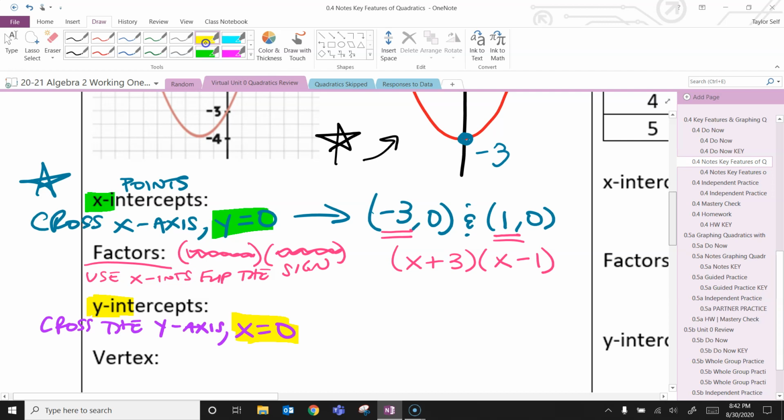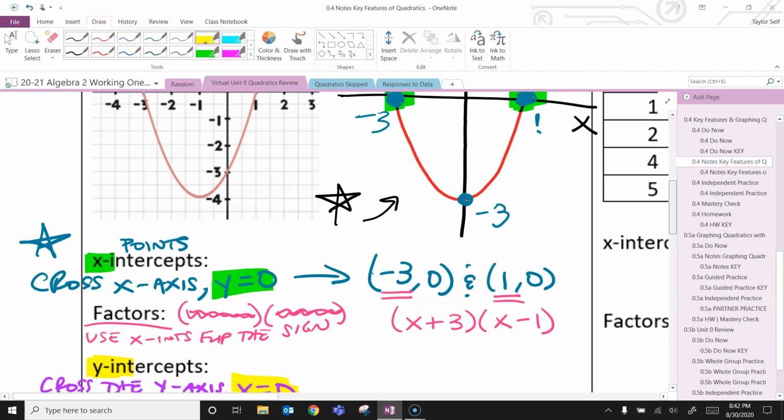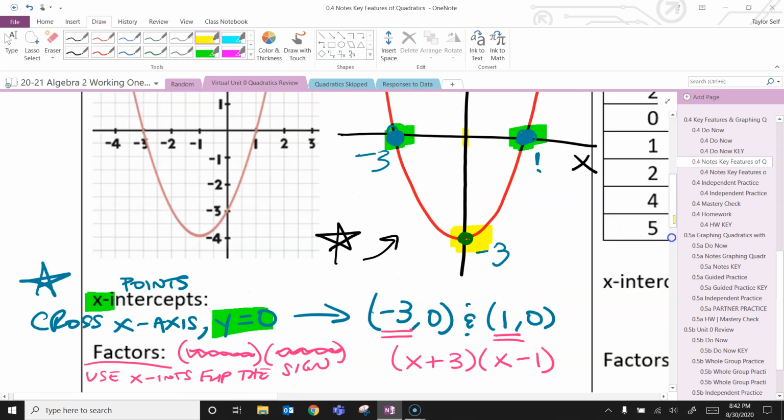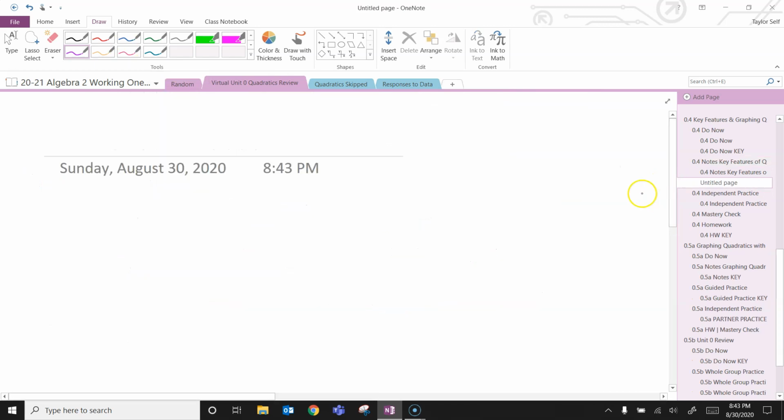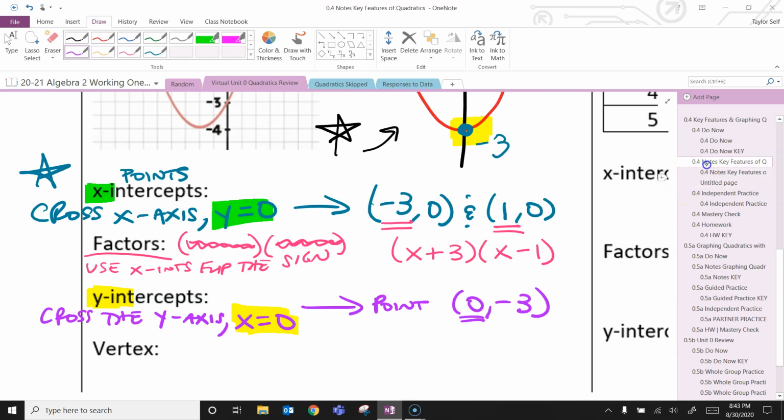So let's go to where x equals 0, that's right here, and this is where we cross the y-axis at the point 0, -3. So let's write that down for our y-intercepts. The point, it's a point, 0, -3. Again, x equals 0 for y-intercepts, y equals 0 for x-intercepts. It flips. Okay. Let's go back to where we were.